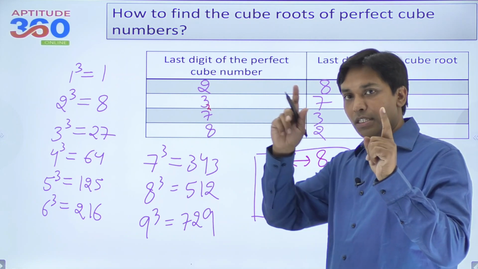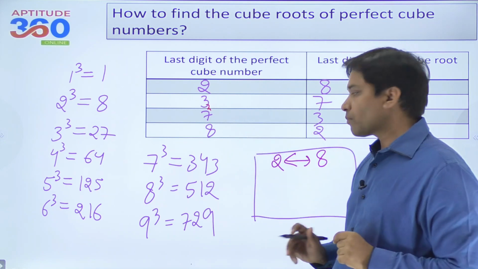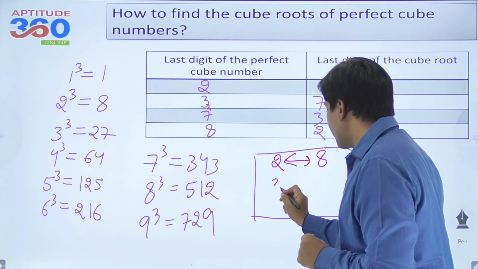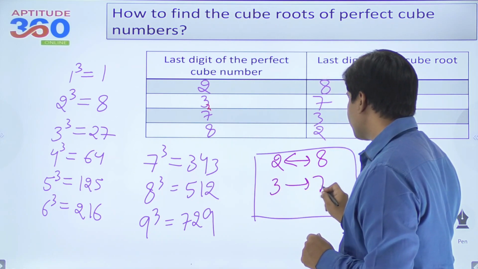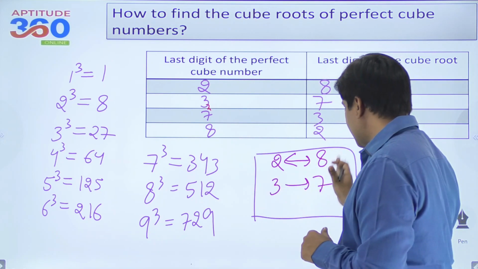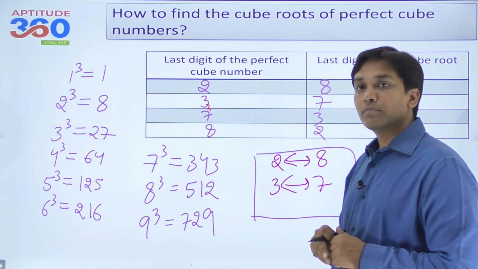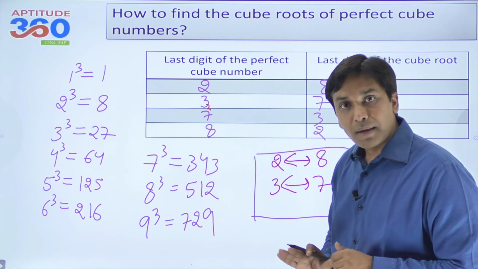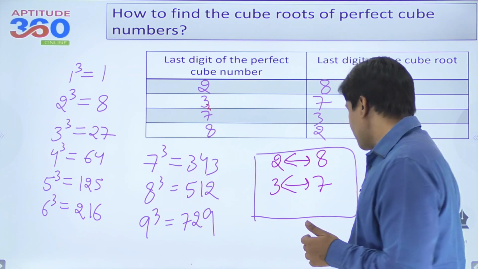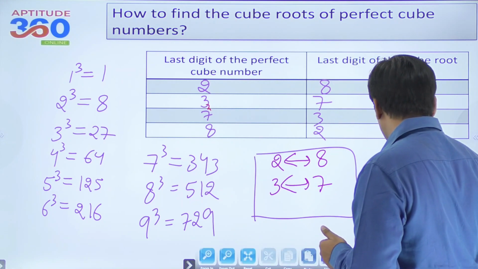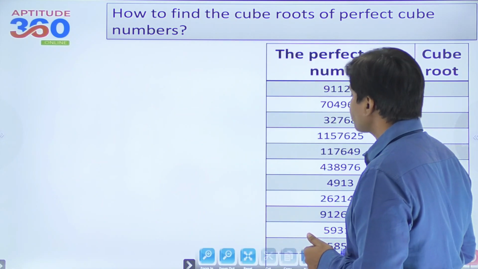So if it is 2, it's going to be 8, and vice versa. If it is 3, it is going to be 7. And if it is 7, it is going to be 3. Rest of the numbers will be the same. So now let us do some more problems so that you understand what we are talking about out here.